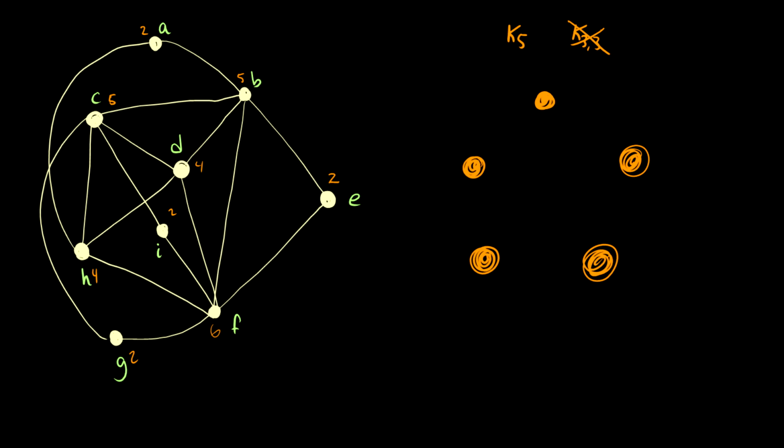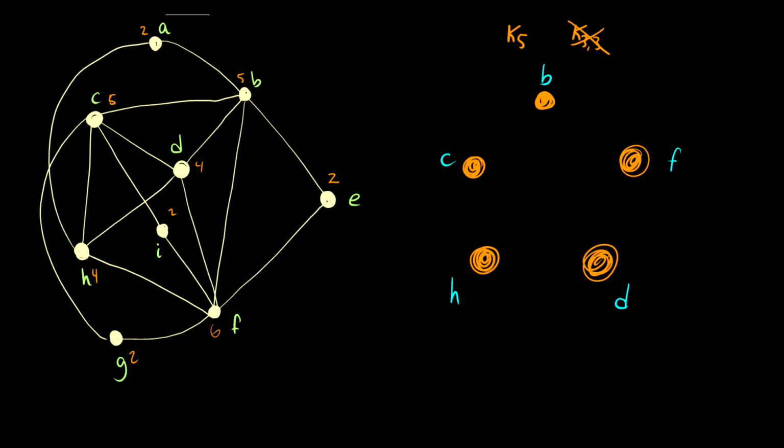And what do I see here? I see that B has degree 5, C has degree 5, F has degree 6, we'll put that there, and H and D have degree 4, so why don't we put them there too, since these are our big candidates for what could be in this graph. So let's put in the lines that we know.